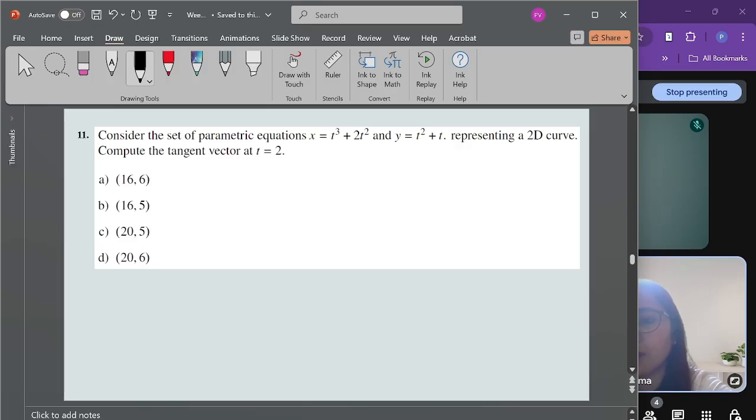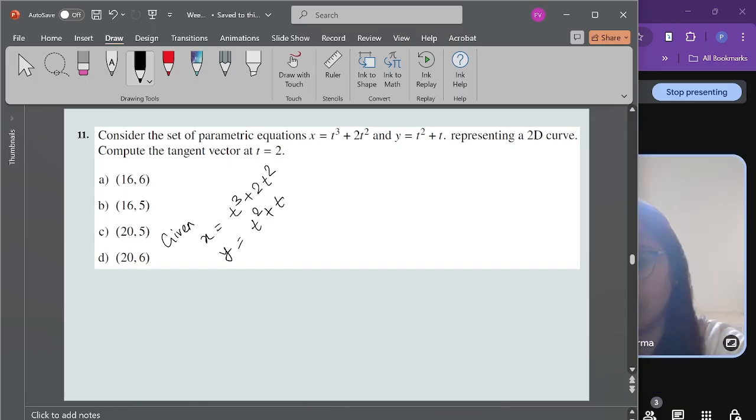Here, given x is equal to t cube plus 2t square and y is equal to t square plus t, representing a 2D curve. To calculate the tangent vector at t is equal to 2, first we have to take the derivative with respect to t.